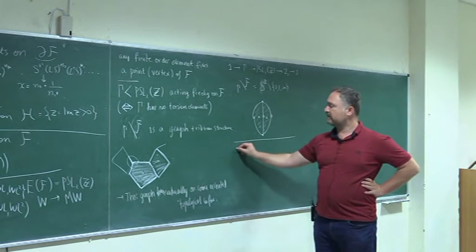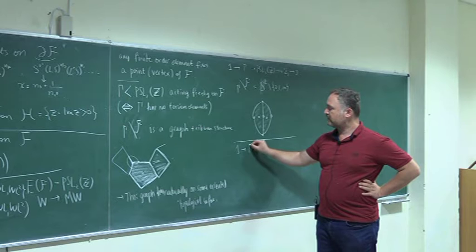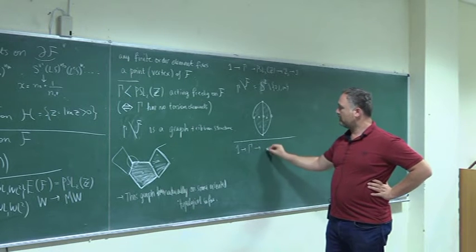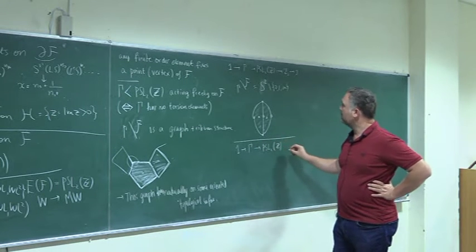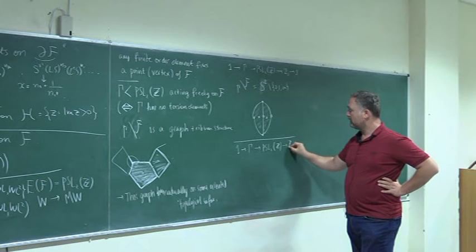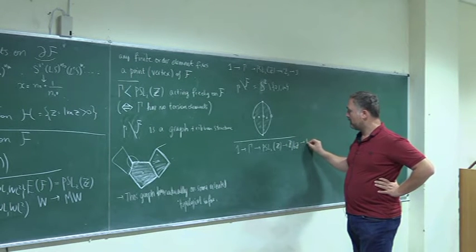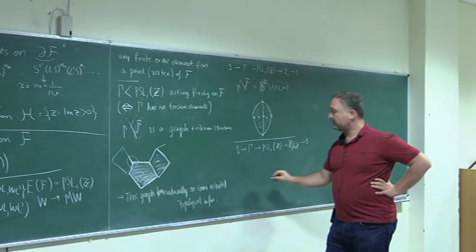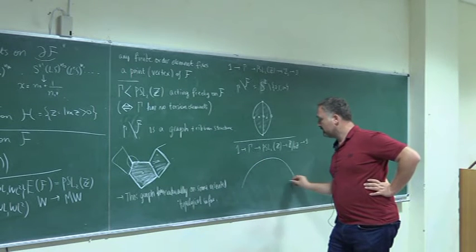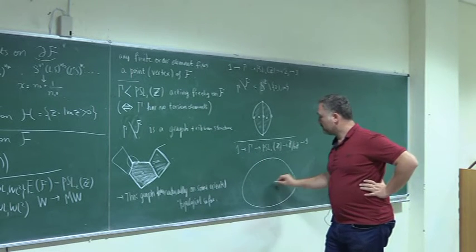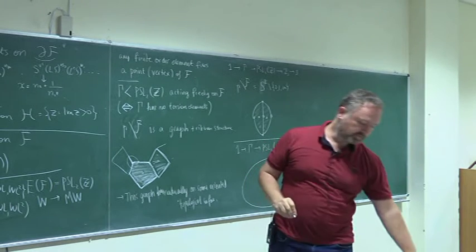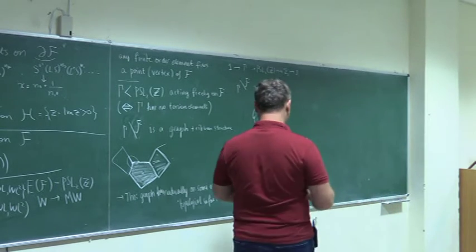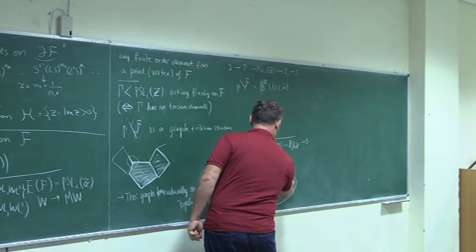Another simple example is the following. If I consider the kernel of the abelianization, that is, if I consider the commutator subgroup, then the corresponding graph this time will live on a torus with just one puncture, and the graph will look like this.